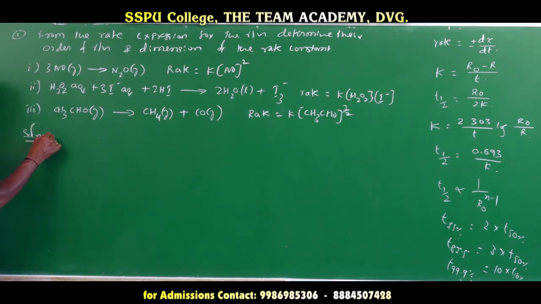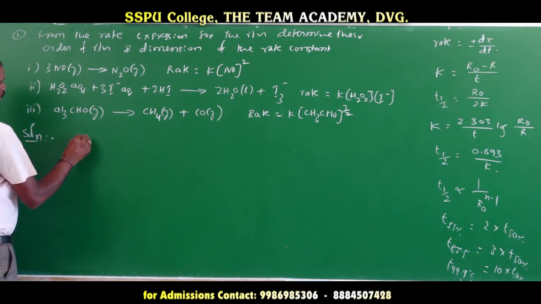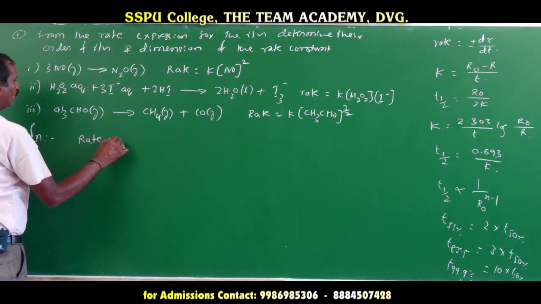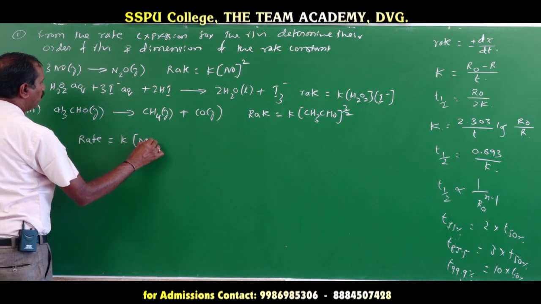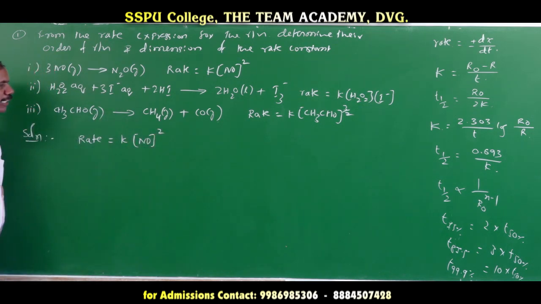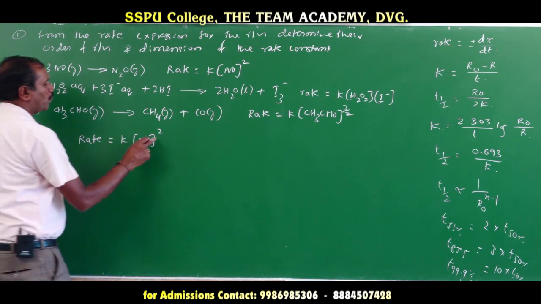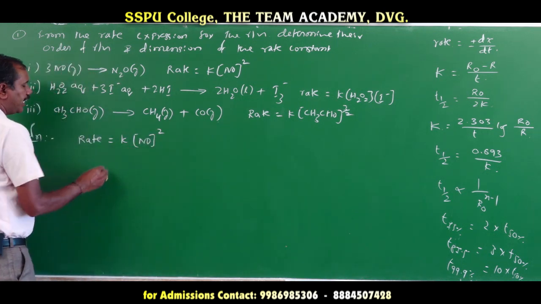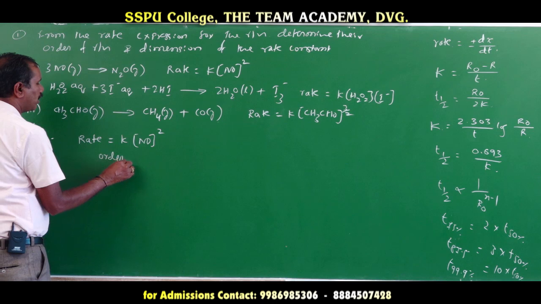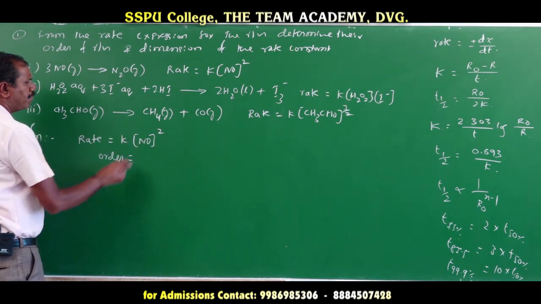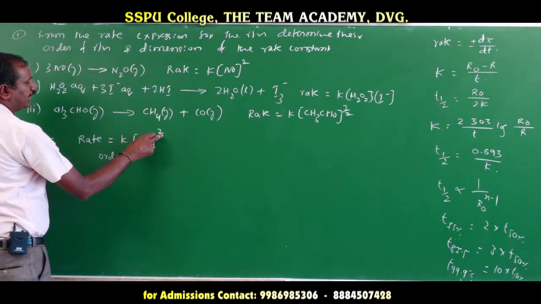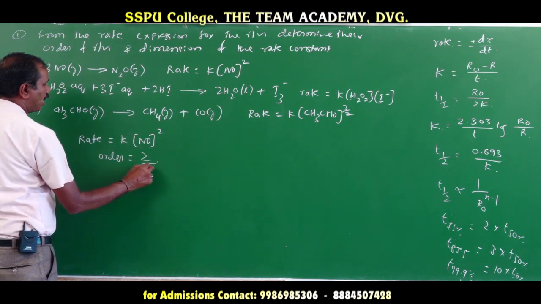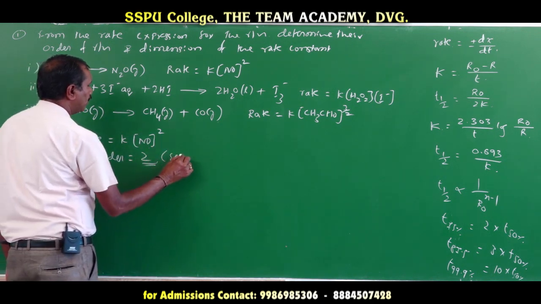Solution, first one: rate is equal to K into NO to the power of 2 in an experimentally determined rate equation. The order is nothing but the sum of powers of molar concentration of reactants. Here it is 2, so the order is 2, hence it is second order.